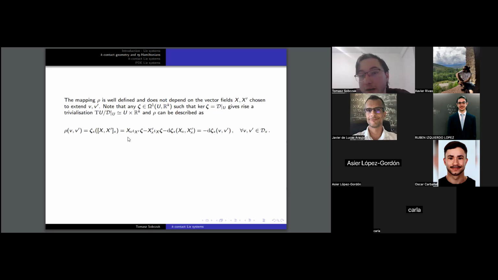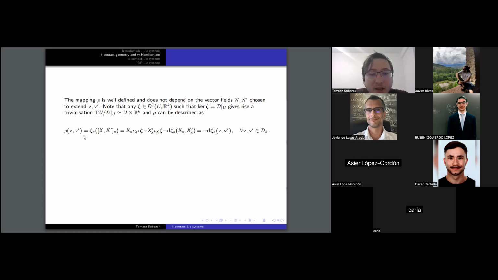If we calculate it by hand, we can see that we have three terms, and one can see that there we have a contraction with zeta, but we are taking both x and x prime from D, meaning they are in the kernel of zeta. So this term vanishes, this term vanishes, and what we are left with is a well-defined tensor that takes our two vectors at every point of x.